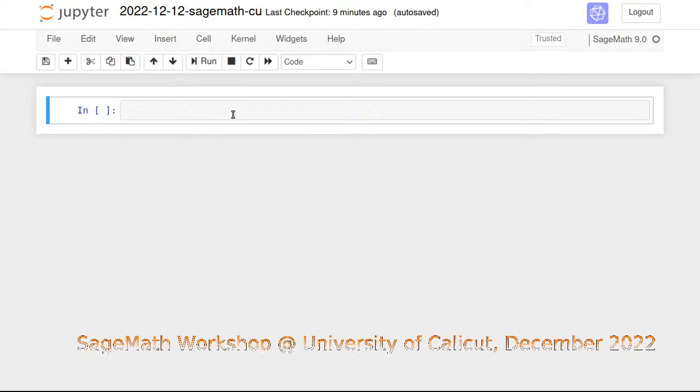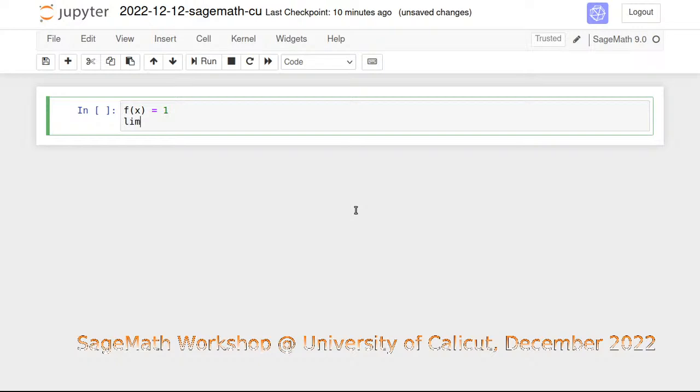We'll try to see if we are able to solve such problems or not. First of all, using some standard functions, we will try to find some limits. The very first thing we can try is the constant function: let us define f(x) equal to 1, and take the limit. The structure of the limit command is: the function we have to take, and the point at which we have to calculate the limit.